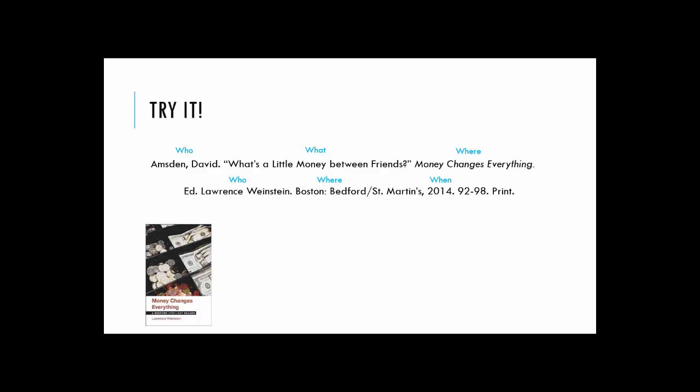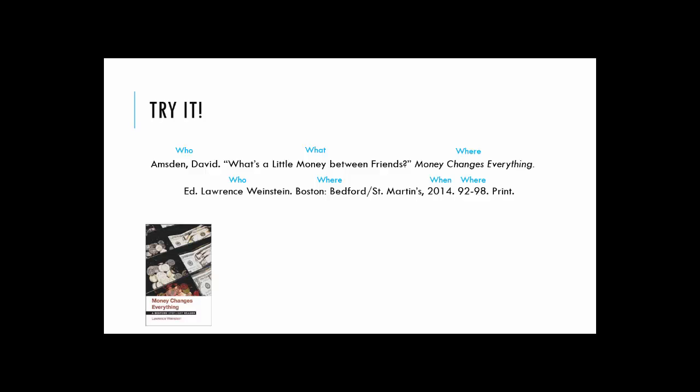Now we have another where here. If you have seen this before, that is often the publisher and where the publisher is located. And that's Boston and it's Bedford St. Martin's. So that's another where. Where was this book published? And believe it or not, we have a third where. Those are the page numbers. Sometimes it's tricky to see because you don't put P or PG or PGS for pages.